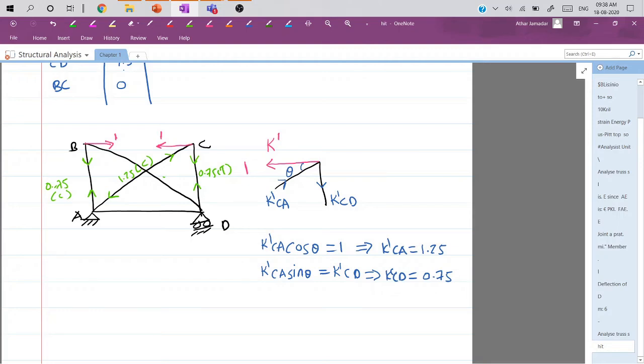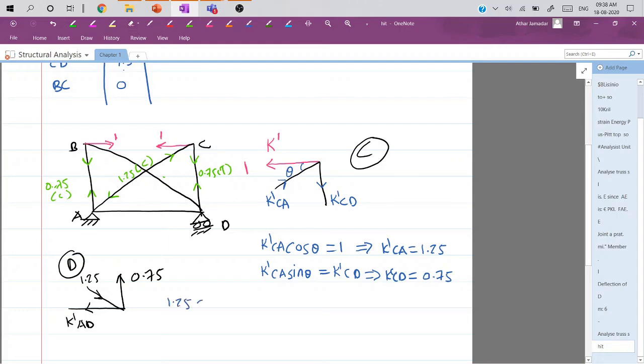For that member AD, you can select joint D. If you take summation of Fx equal to 0, you get 1.25 times cos theta equal to K dash AD. From this you can see that K dash AD is equal to 1.25 into cos theta, which is 0.8, so it is 1. That also we will show here.